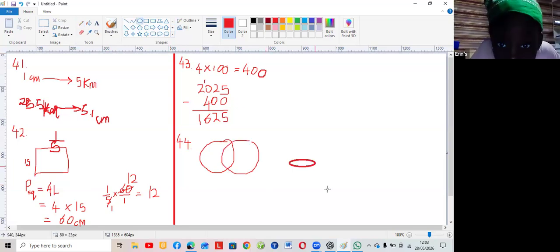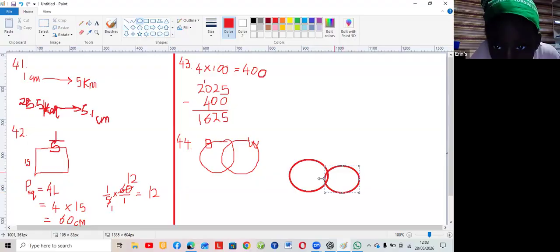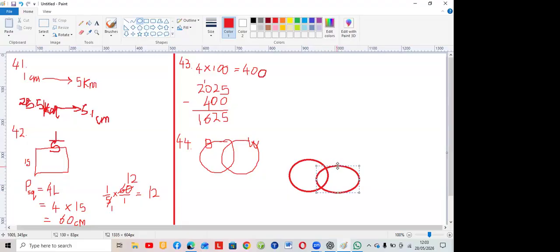So this is how the Venn diagram is. Black and white. Like this. I've already drawn it now. Just fill up the values.